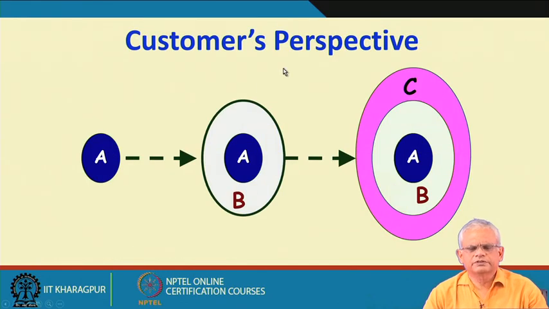From the customer's perspective, he gets some part of the functionality that he can use and give his feedback. Based on this, the developing organization incorporates the feedback on the core functionality and also implements additional functionality and gives it to the customer.